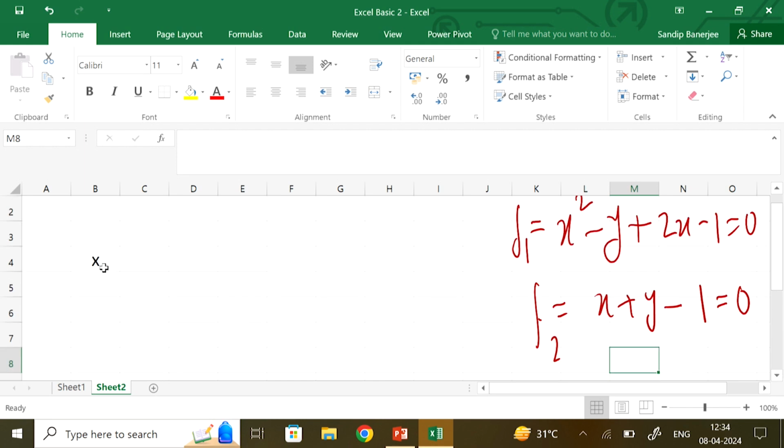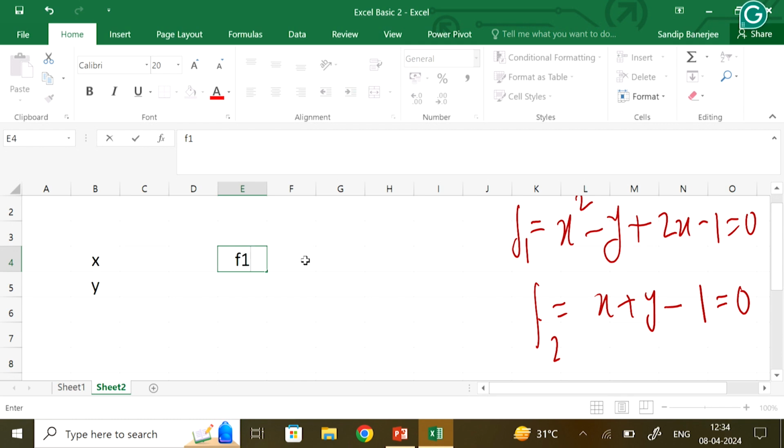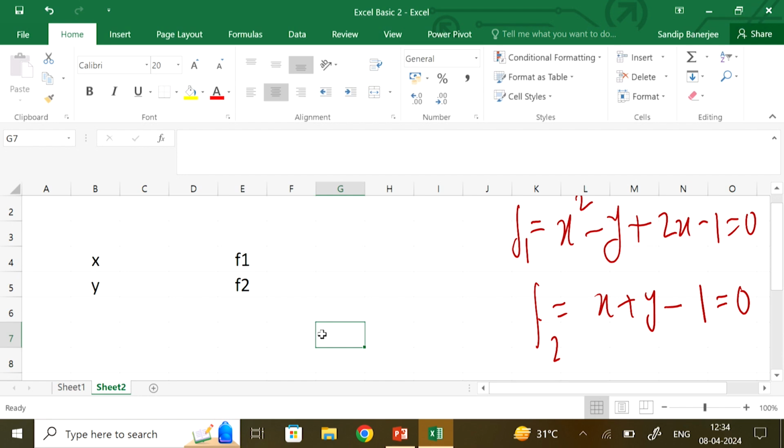So this is the x value, this is the y value, and I put an f1 here and I put an f2 here. So I have to choose an initial value of x and y. So I will choose, say, x equal to 1, y equal to 1.